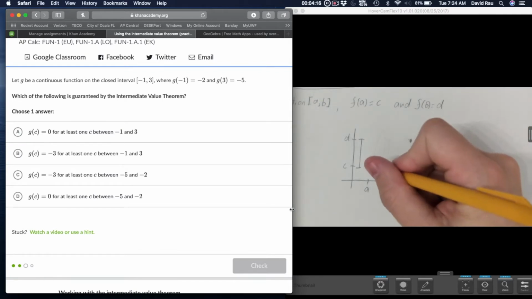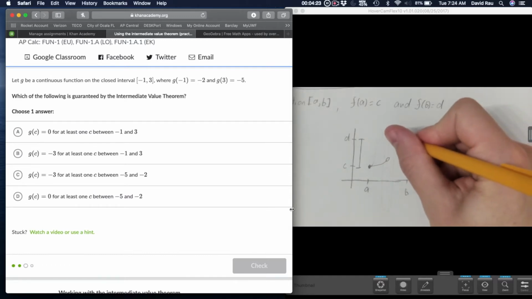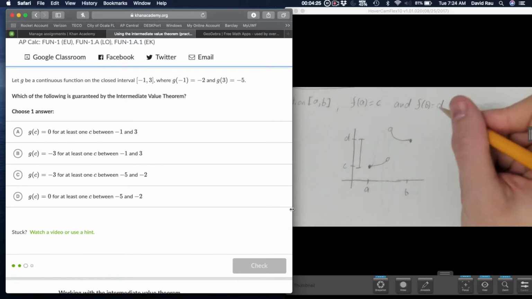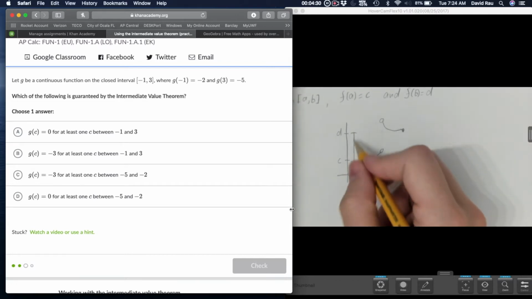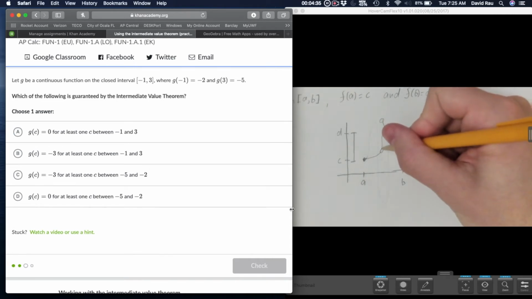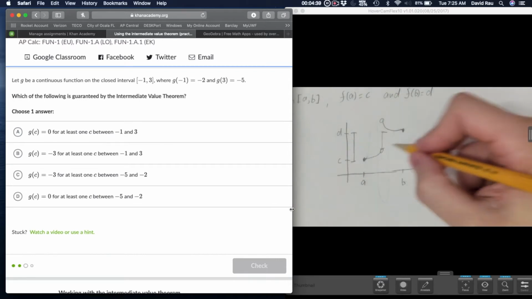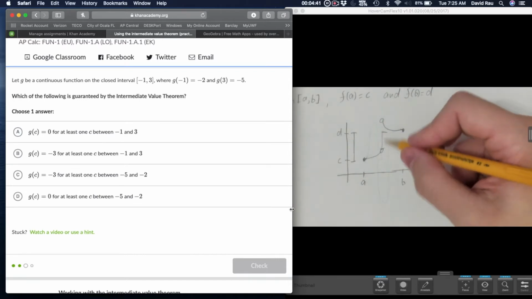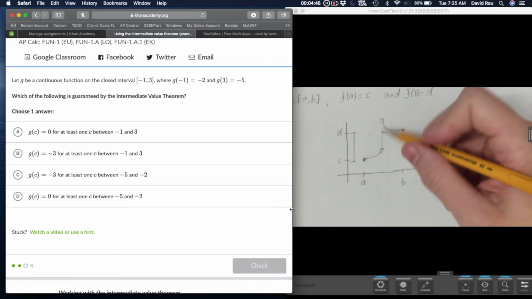So what if it wasn't continuous? Let me draw you a crazy picture. Let's say I had some kind of graph that looks like this. I was trying to argue that every value in this range is guaranteed. But look, there's this pocket right about here where nothing is happening. There's no function value from here to here. That's why it needs to be continuous. If it's not continuous, you can definitely get from a to b.